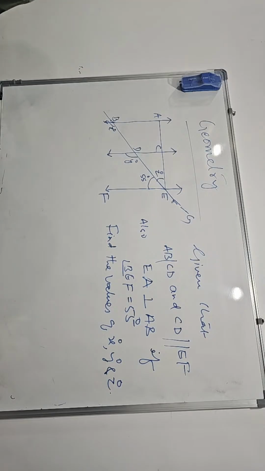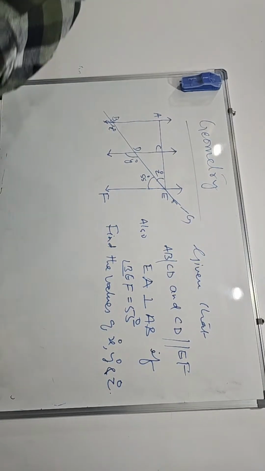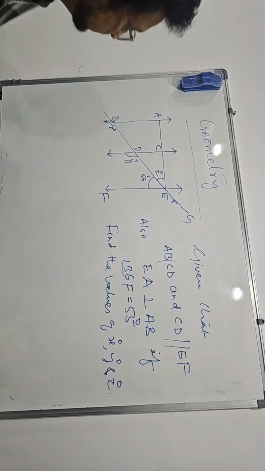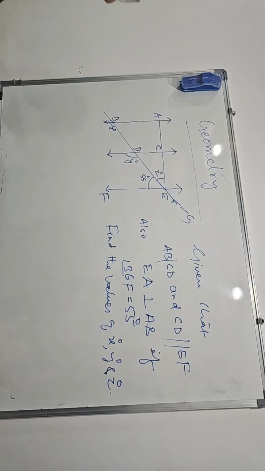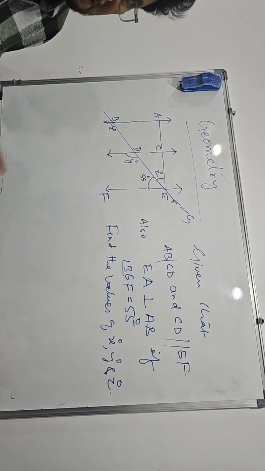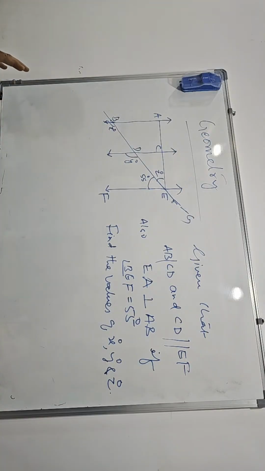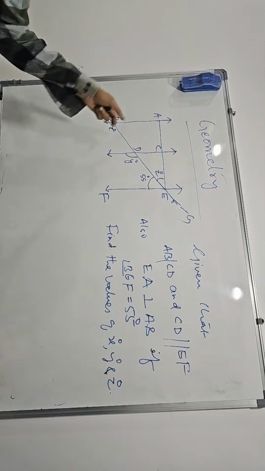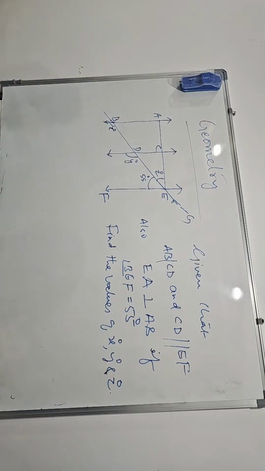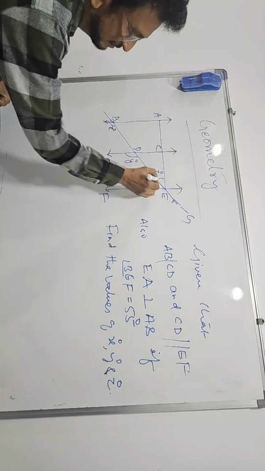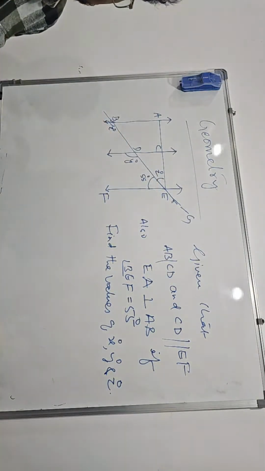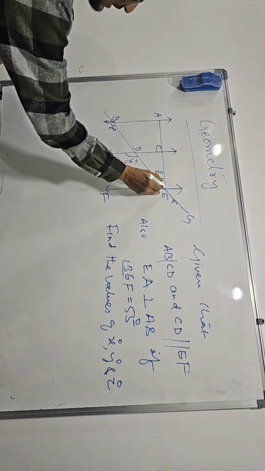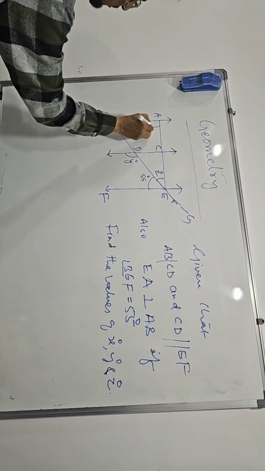First you see what is the information given to us. Then what we have to find out. Parallel lines are given means alternate angles, corresponding angles are equal. Tell me if this is 55, what is this angle, Z angle? See, he has given that AE is perpendicular on AB, means this angle is 90.